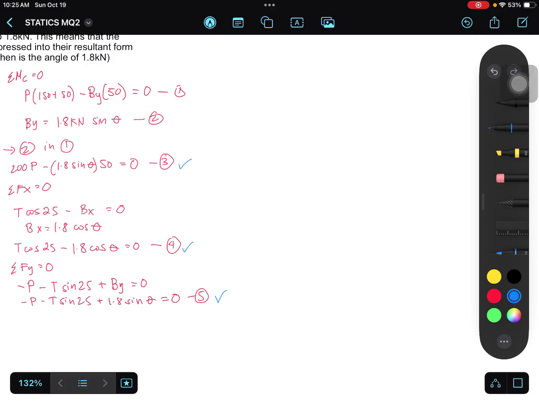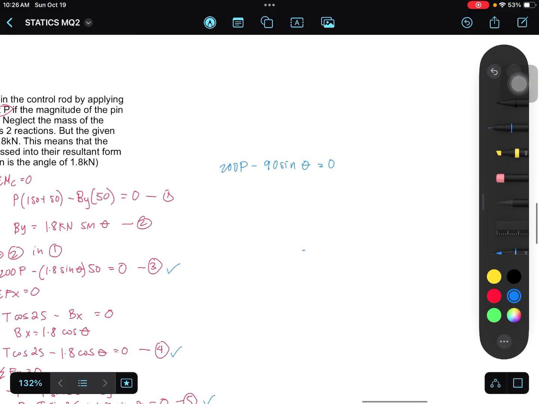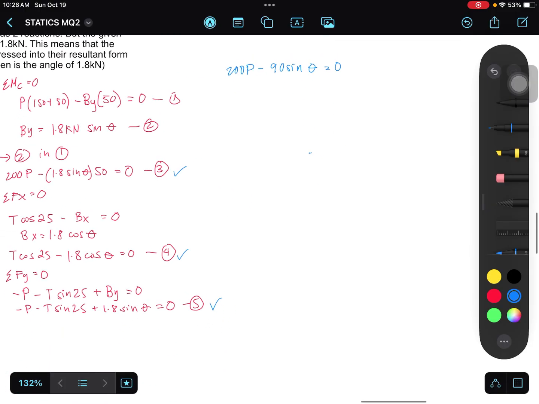So, for equation 3, simplify muna natin siya. It is 200 P minus 1.8 times 50, so 90 sine theta equals 0. Next equation, equation 4.